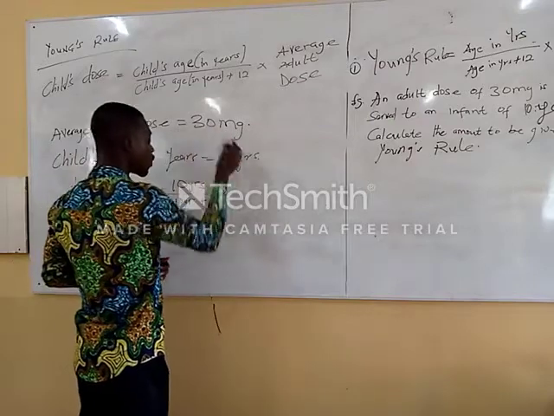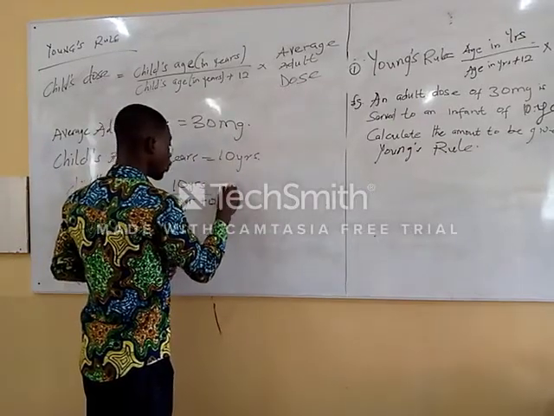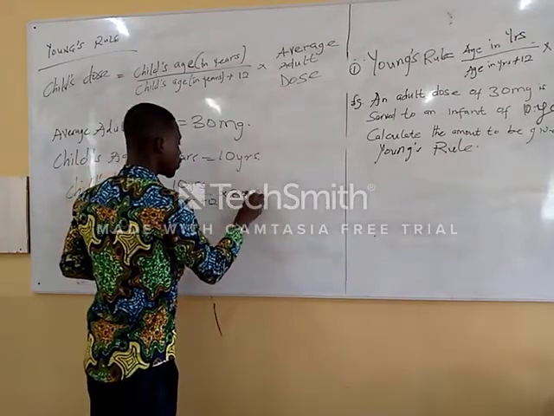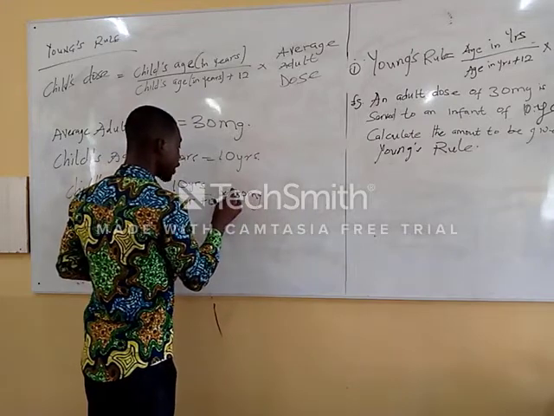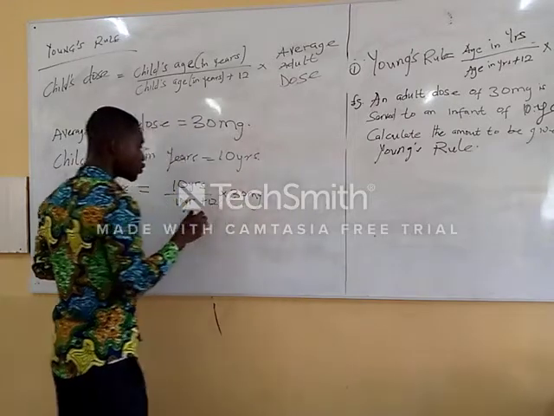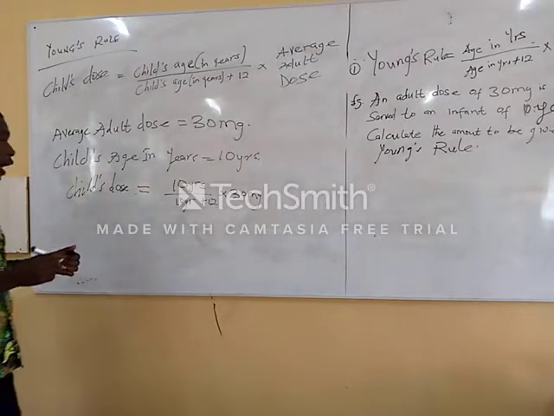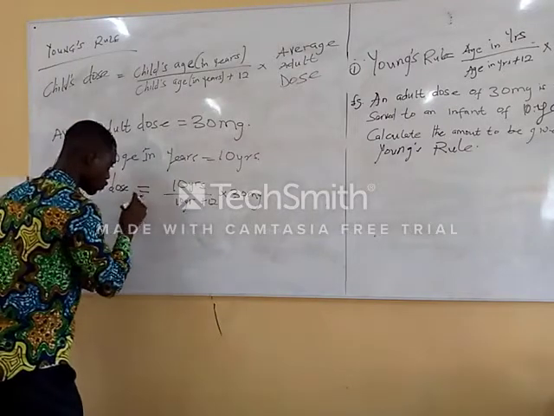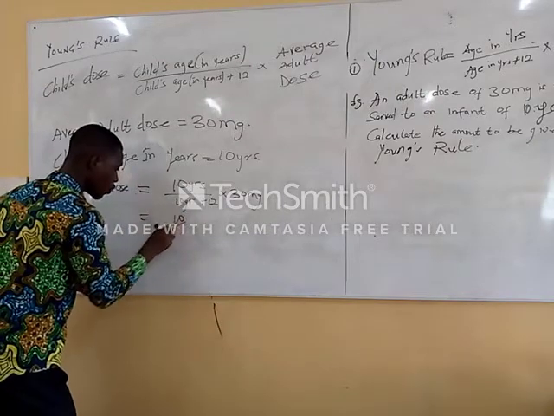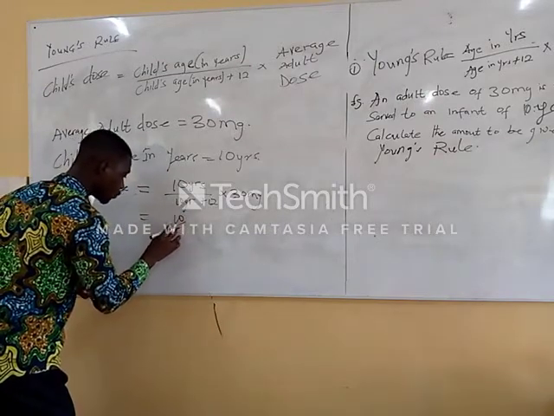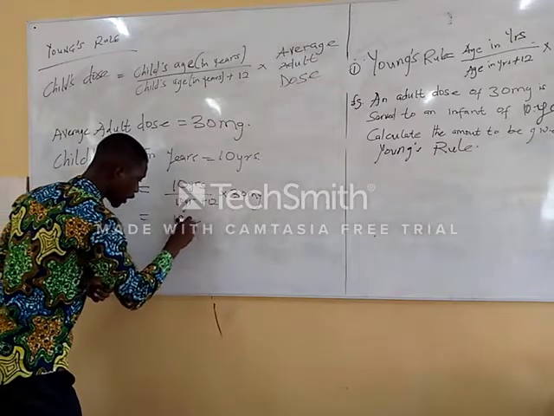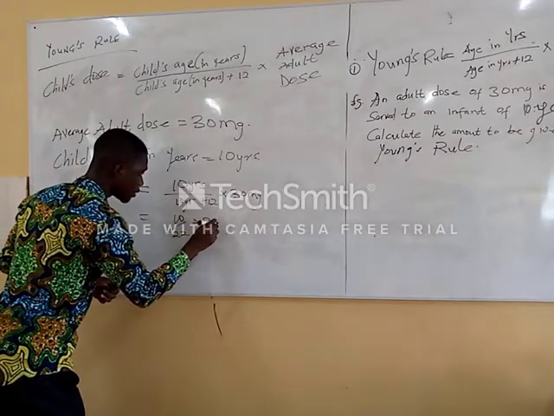The dose of the drug for an adult is 30 mg. So out of this 30, how much is going to be given to a child or an infant? The formula will tell us. So this is equal to 10 over 22 times 30 mg.